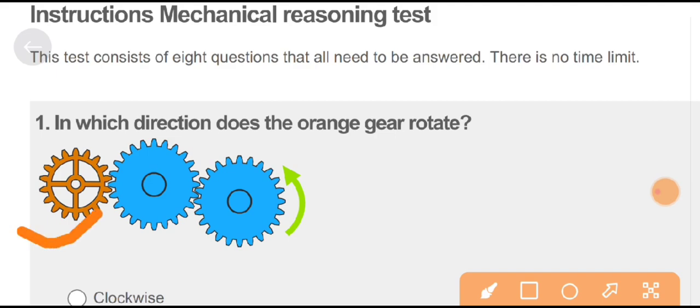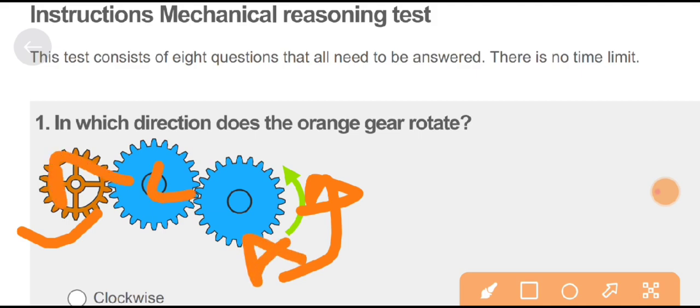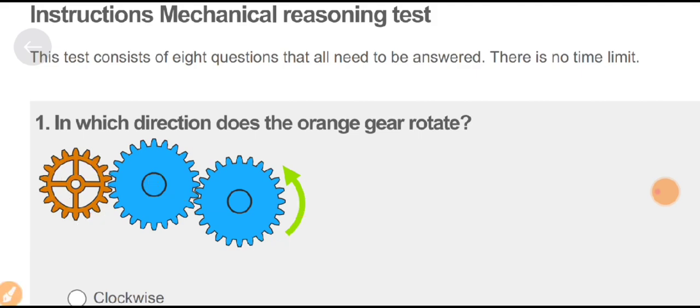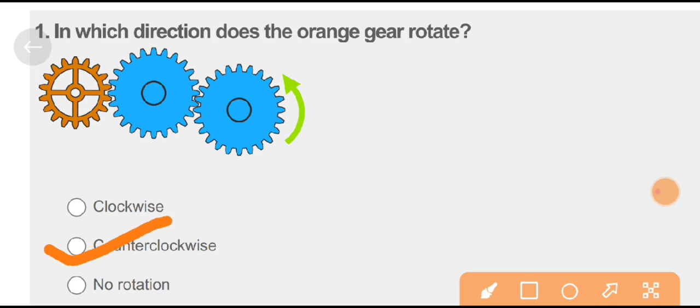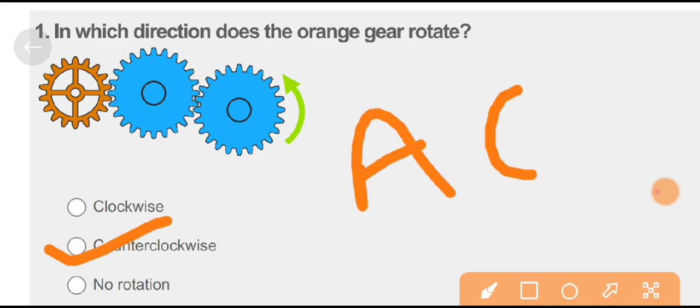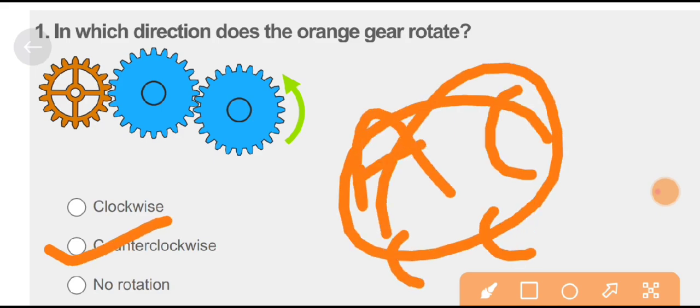We can see in the figure, the blue gear is rotating in the anti-clockwise direction. I have already told you that if meshing is external, then the gears rotate in opposite directions. It is rotating anti-clockwise, so the next will rotate clockwise, and the next anti-clockwise. So the right answer is second, counterclockwise. Anti-clockwise or counterclockwise is the same, opposite to clockwise.